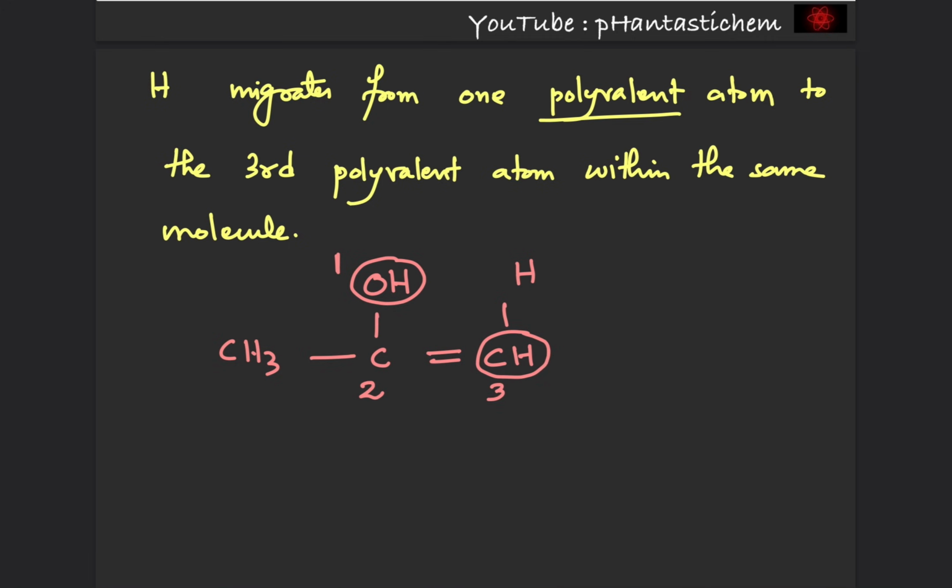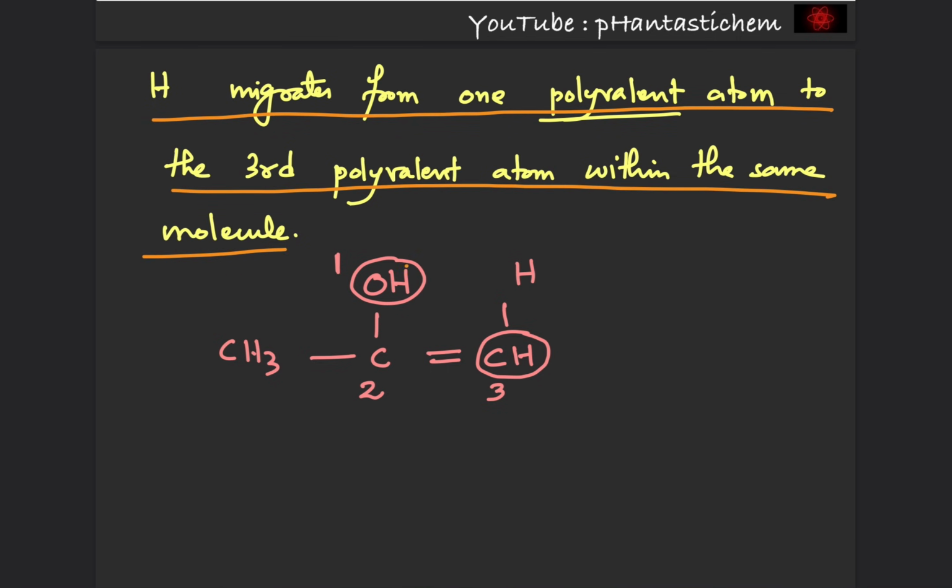So what happens is hydrogen migrates from one polyvalent atom to the third polyvalent atom within the same molecule. This hydrogen will be transferred to this carbon, and this pi bond will now become a pi bond. The original pi bond was between C and C. Now it will become a pi bond between C and O.